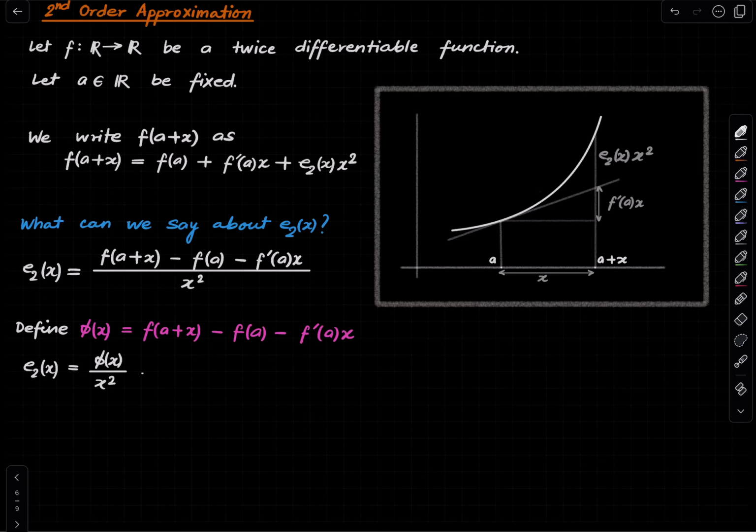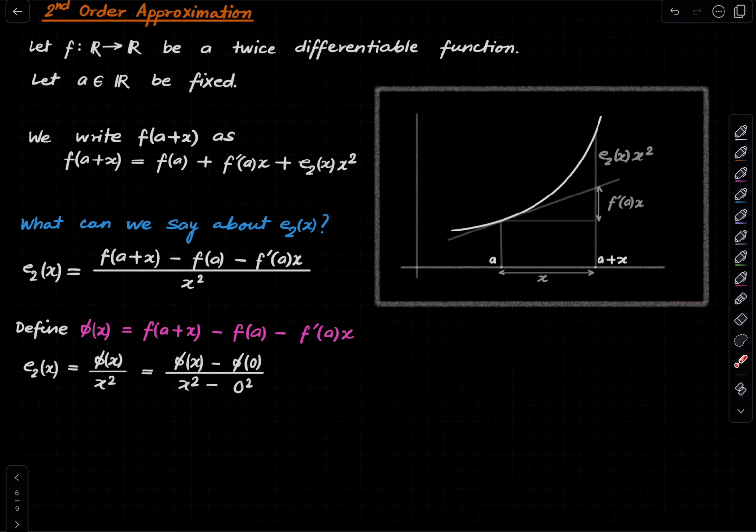Now this we write as phi x minus phi 0 divided by x squared minus 0 squared. So what happened? Phi 0 is 0. If you substitute x equals 0, this cancels out, and this is anyway 0. So phi 0 is 0, therefore we can write phi of x as that, and of course x squared can be written like that.